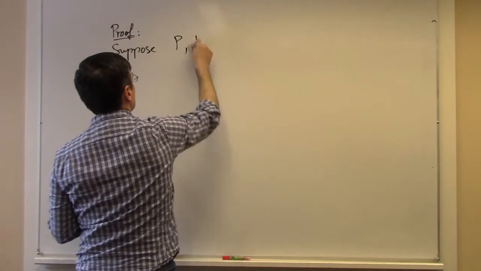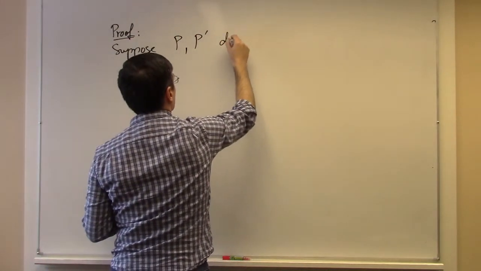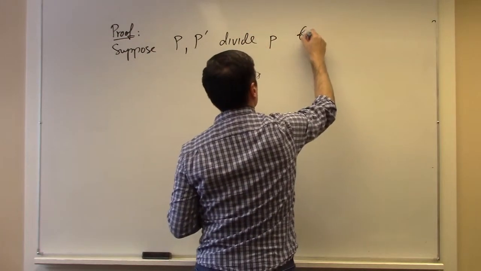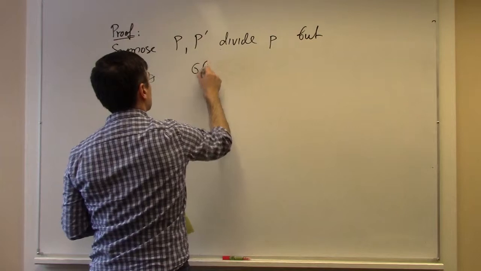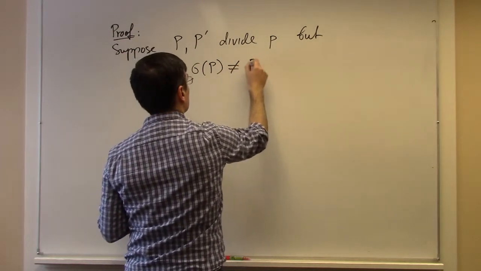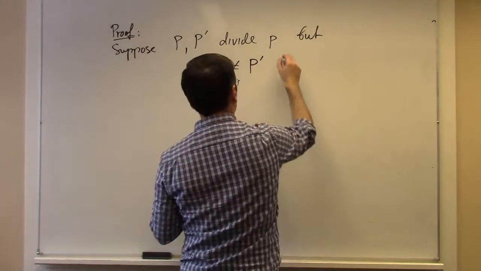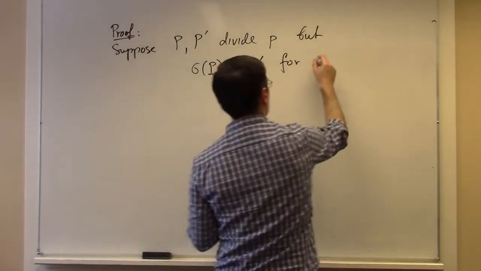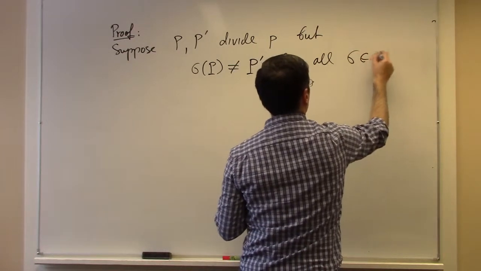Suppose P prime divides p, but sigma P is not equal to P prime for all sigma in the Galois group.